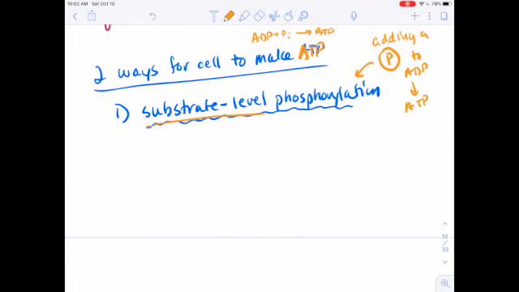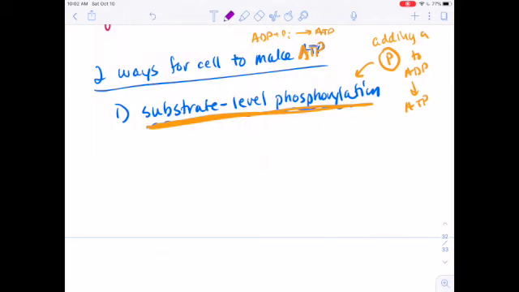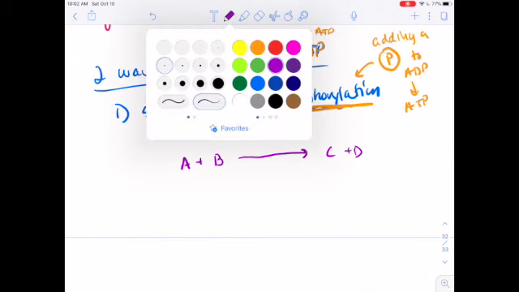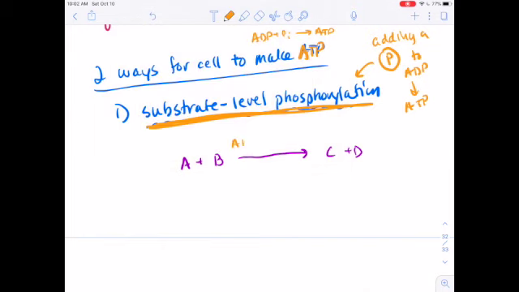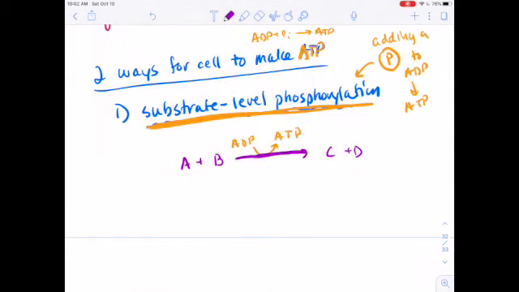They can do it at the substrate level phosphorylation, and that is when you have some sort of generic chemical reaction. Substance A reacts with substance B to form products C and D. And if this is exergonic and releases energy, we can get ADP becoming ATP. So there's chemical energy that's released in the purple arrow here.